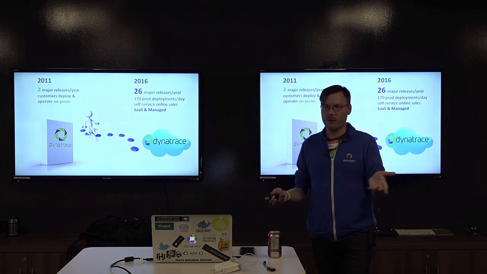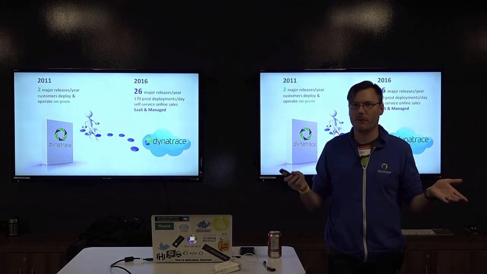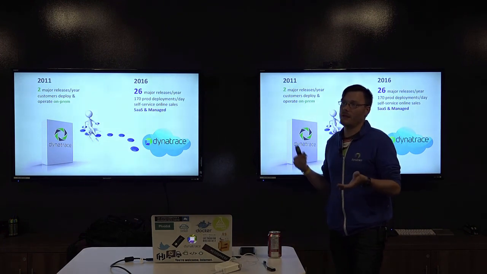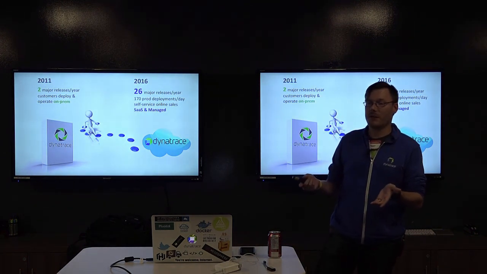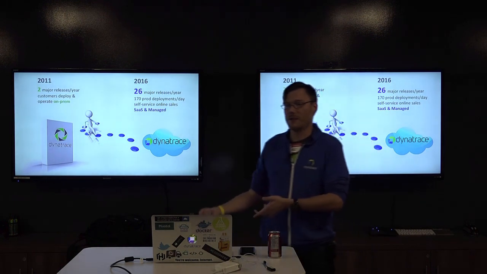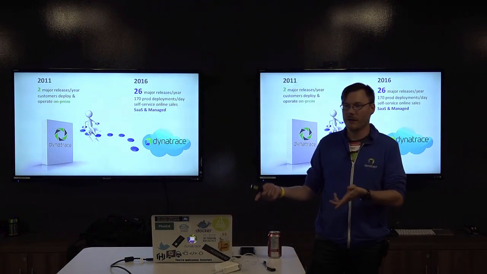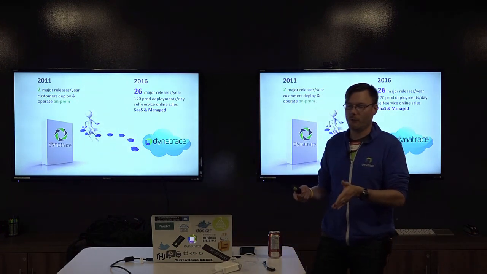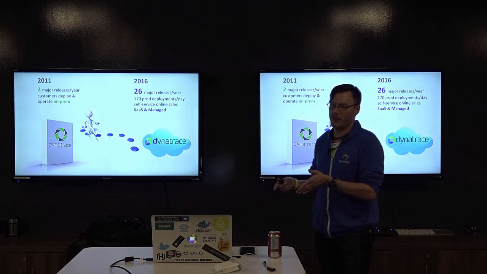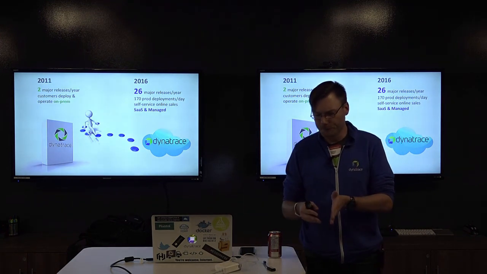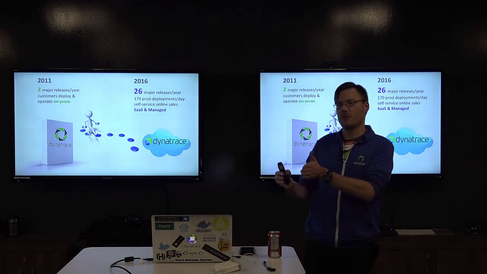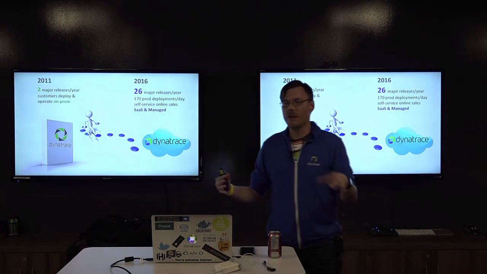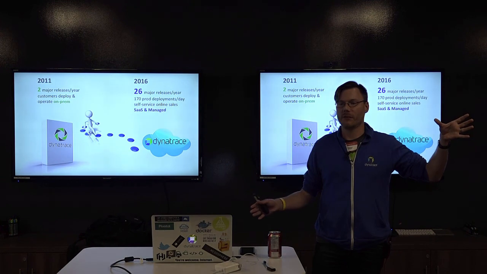Yep. So the question was, what is some of the reasoning behind having such frequent deployments? And the answer to that question is really, it depends. Every organization is going to have their own reasoning behind a deployment, right? It might be a bug fix. It might be a new feature. But the other thing is that when you start to do some of these things, and we're going to get to this in another slide, one of the big things you do when you start implementing these pipelines and this whole way of doing things is you do away with big bang releases, right?